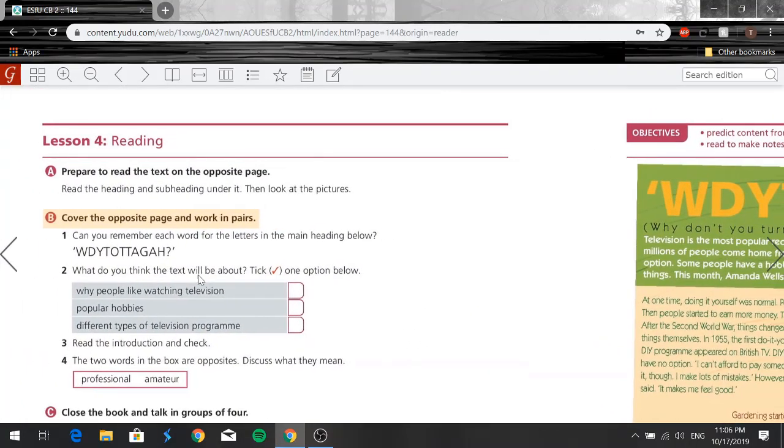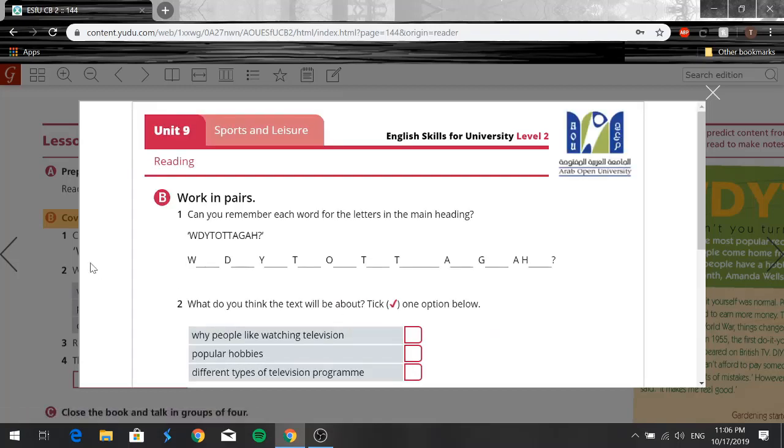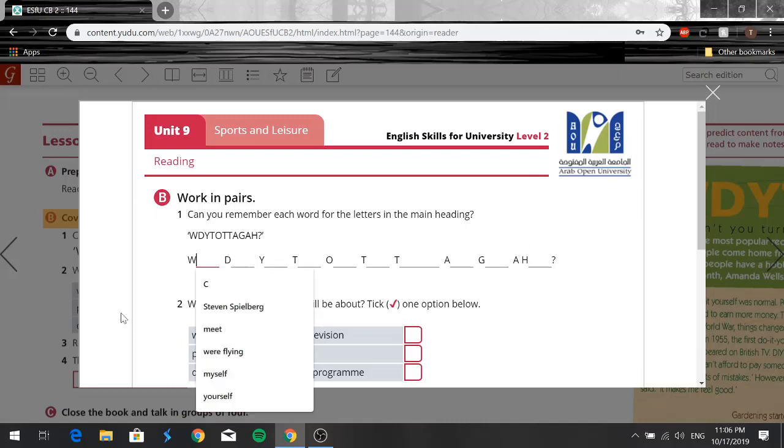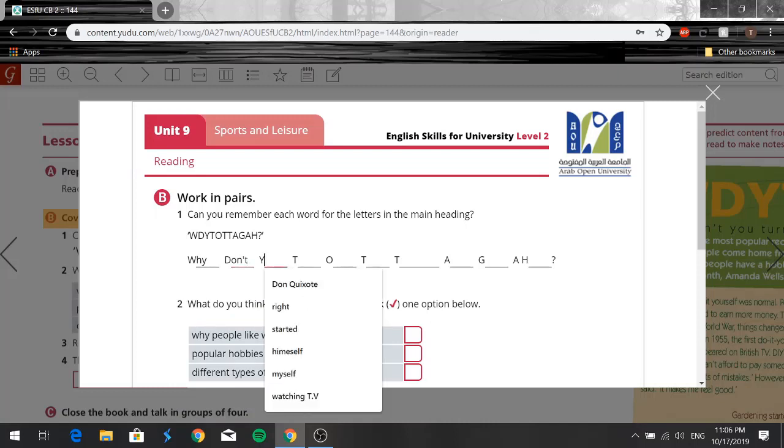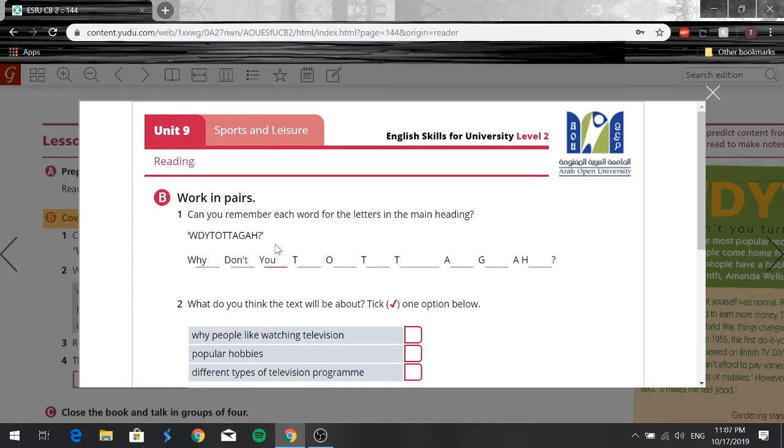Okay, so let me open exercise B now, see what we got here. We have, can you remember each word for the letters in the main heading? Wow, you're gonna put me on the spot like that, so we'll say, why don't you turn off the television or TV and get a hobby?